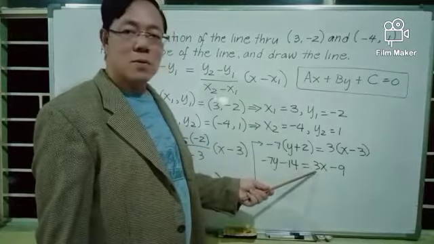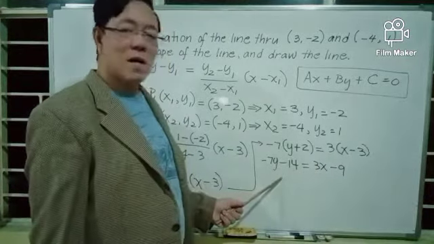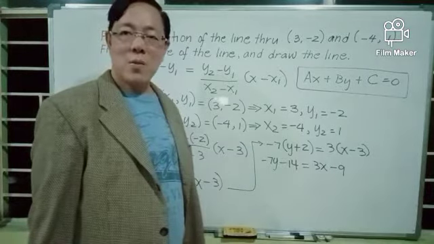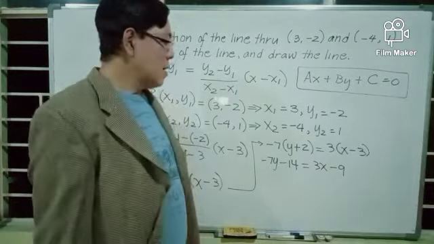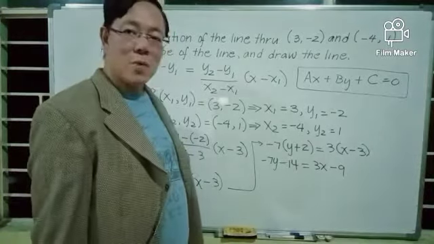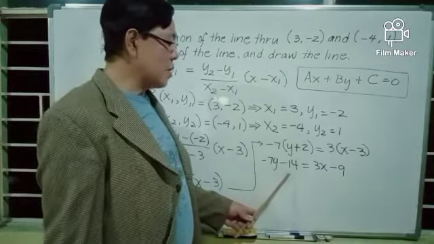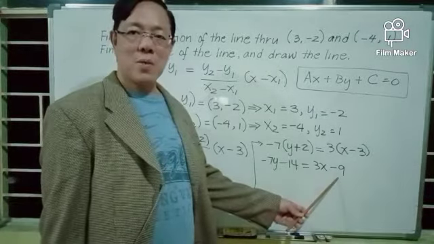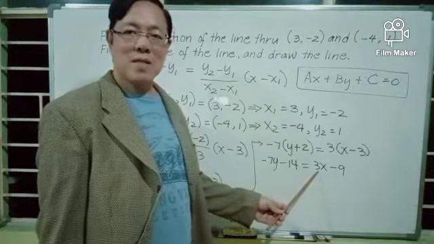To make it positive, if you transpose 3x to the left-hand side, you multiply the equation by negative 1 after the transposition. But instead of doing that, I will transpose negative 7y and negative 14 to the other side of the equation, so that the coefficient of x remains positive 3.